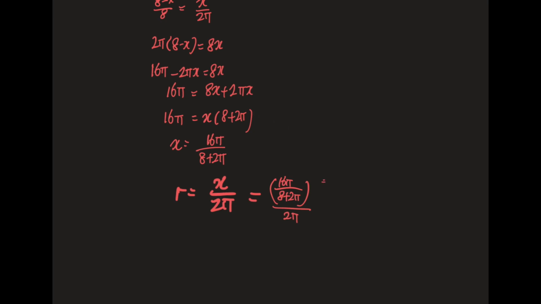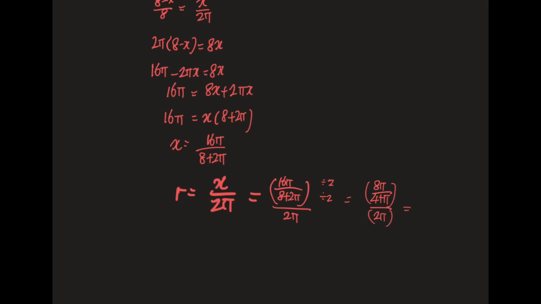So first of all, I divide by 2 for everything here. Then I will get 8 pi over 4 plus pi, divided by 2 pi.